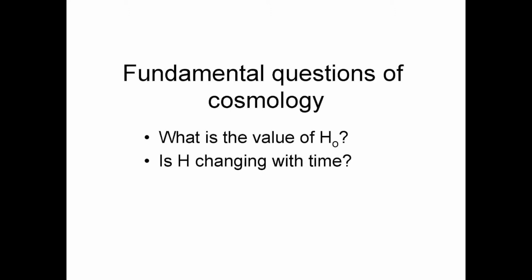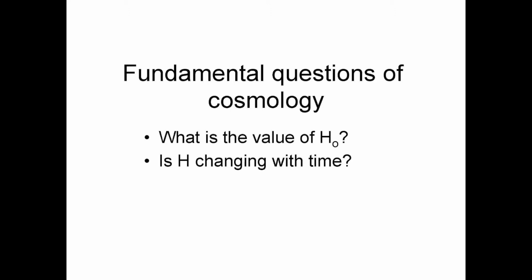We've already seen from the Hubble-Lemaitre law that you can plot a galaxy's velocity as a function of its distance from us, and we have a straight line whose slope is called the Hubble constant. So to first order, we have on this plot a straight line.